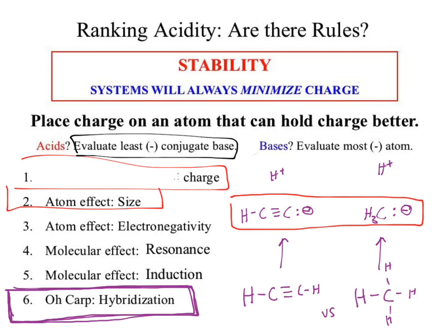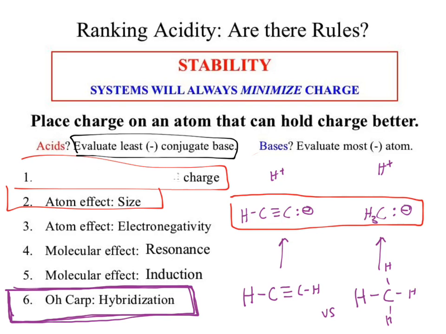Well, as is explained up on the board, we're looking at S character. If we are less hybridized, the sp character of our alkyne means we are more S. sp3 means less S. What does S character have to mean? S character in comparison to P character. Well, what's the difference between S and P?